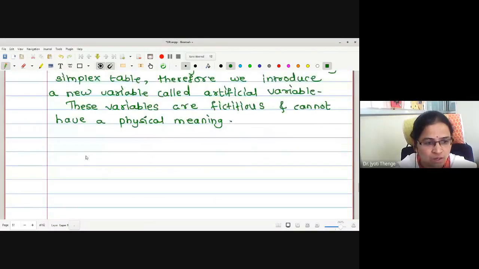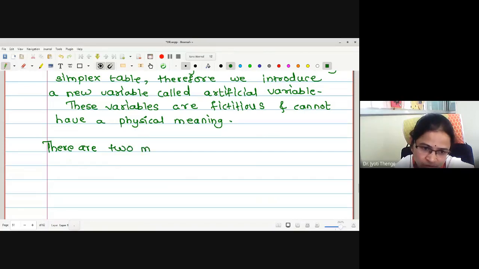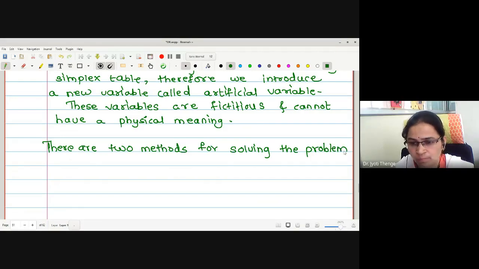Okay. Now there are two methods for solving the problem involving artificial variable.